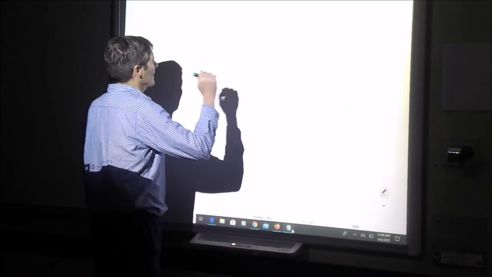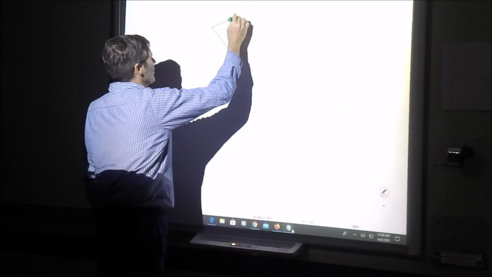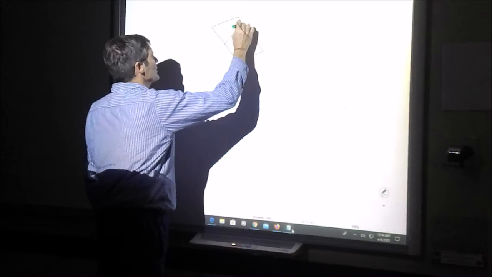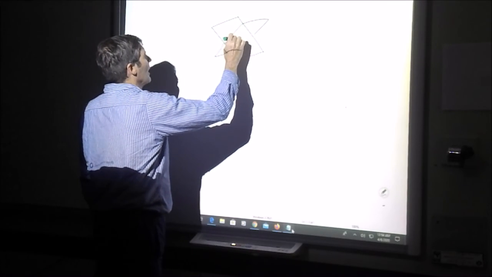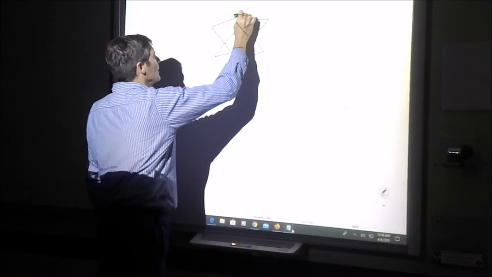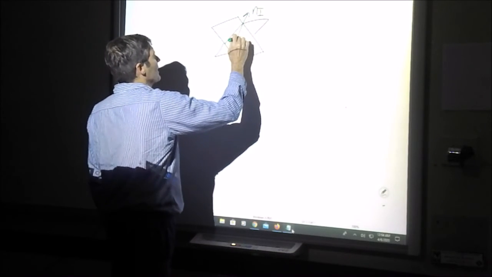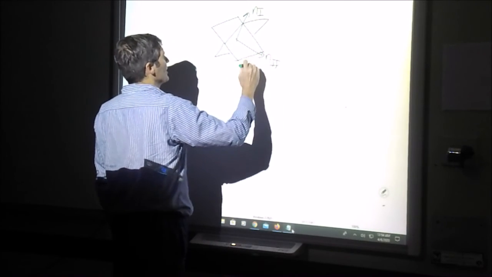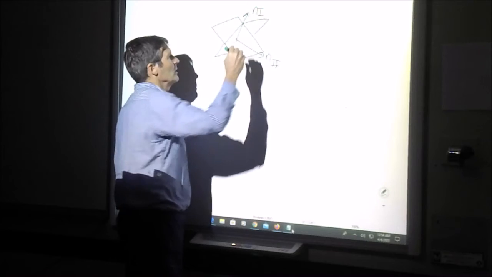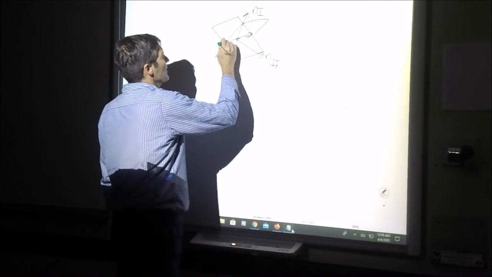So I'm thinking, how do I get a vector that's in the direction of the line? If you imagine the two planes intersecting, the normal n1 cross the normal n2 is going to be, by the right-hand rule, perpendicular to both, and so it's going to have to be in the intersection of the two planes.